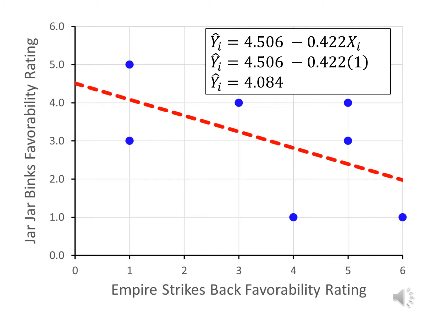That corresponds to the point on the regression line for a score of 1 on the x-axis, the Empire ratings. Now, remember this predicted value of 4.084 for someone with an Empire rating of only 1. We'll come back to it later.